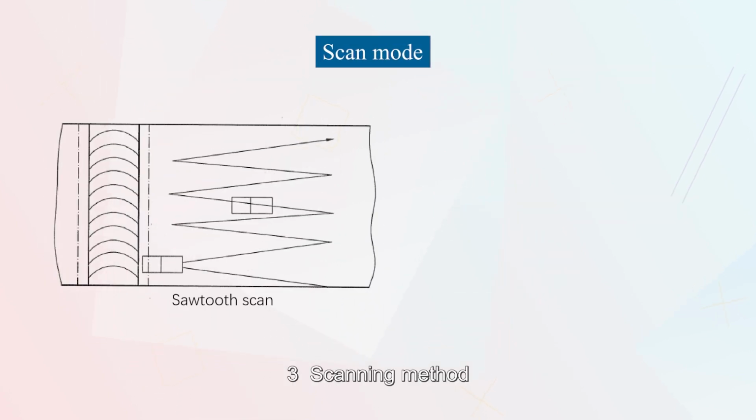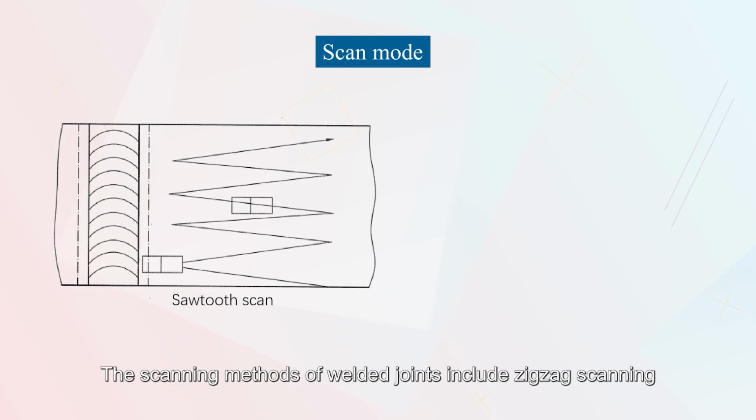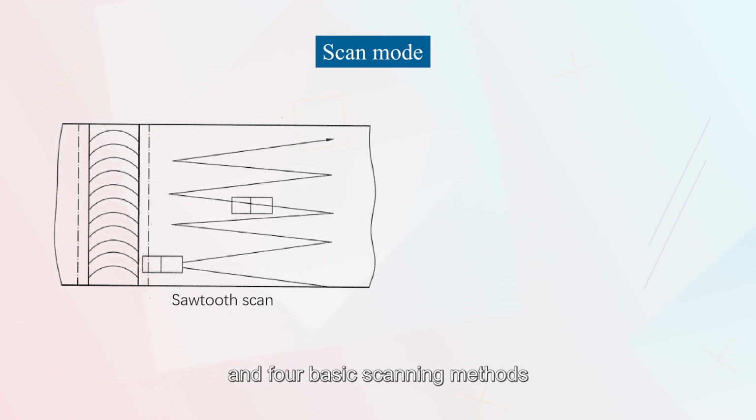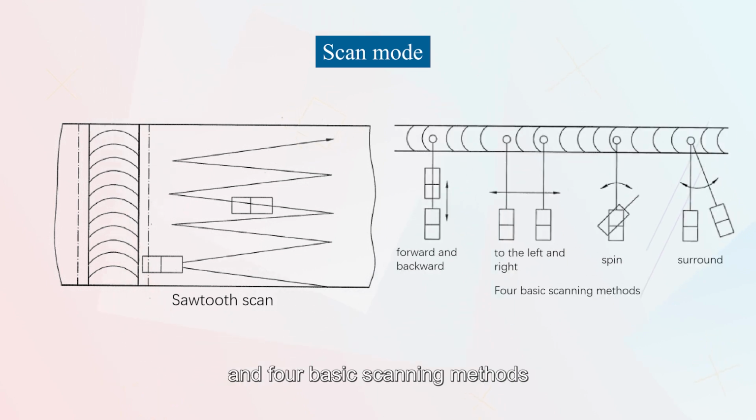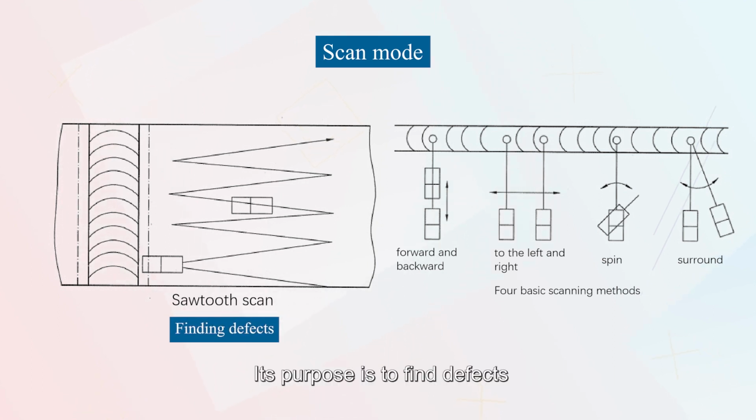3. Scanning method. The scanning methods of the welded joints include zigzag scanning and 4 basic scanning methods. The zigzag scanning method is shown in the figure. Its purpose is to find defects.